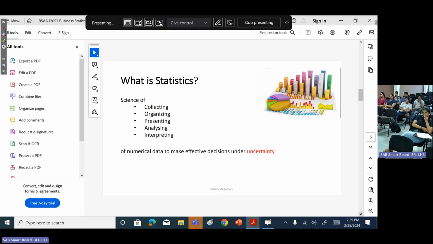Therefore, we say make effective decisions under uncertainty. So if someone asks what statistics is, you can say it is a process with 5 steps: collecting, organizing, presenting, analyzing, and interpreting numerical data, to finally make effective decisions under uncertainty. The word uncertainty is very important. Understood? Clear?